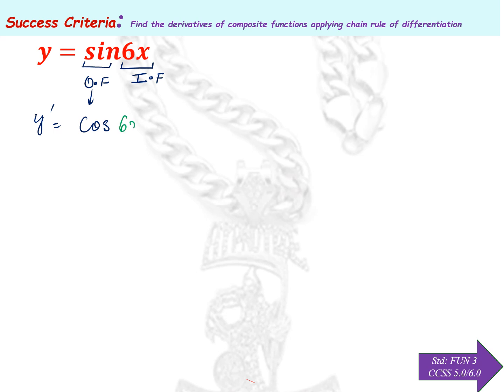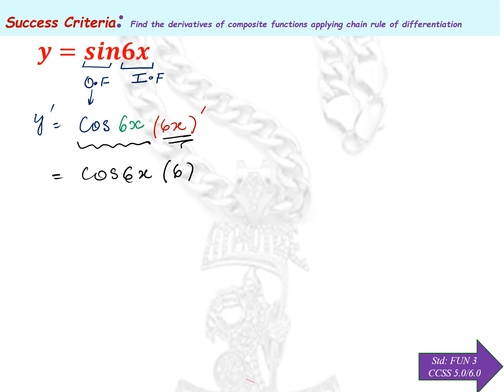That means write the angle, or the inner function, as it is. Now take the derivative of the inner function. So write down 6x with prime. Wherever we don't have any prime, we write it as it is. And we know that the derivative of 6x is 6.